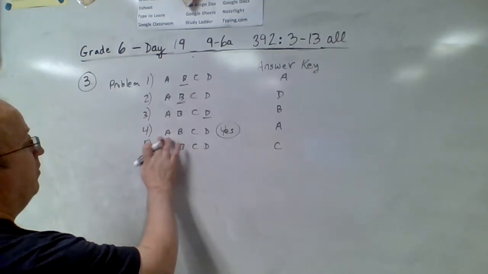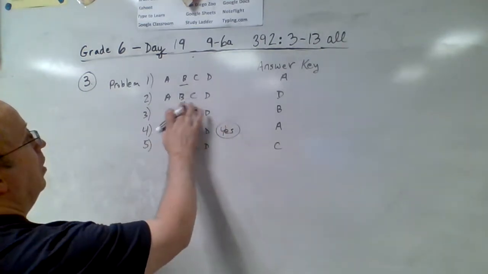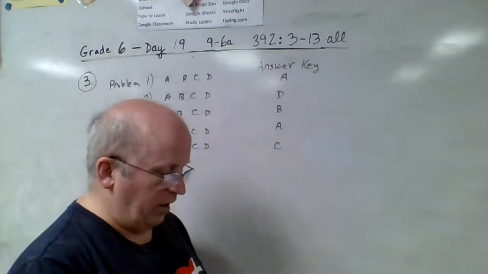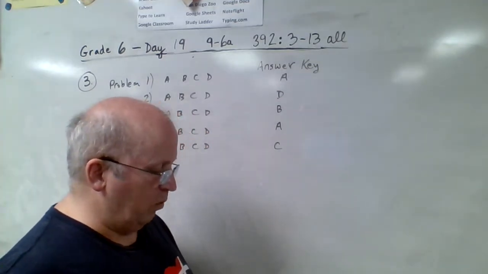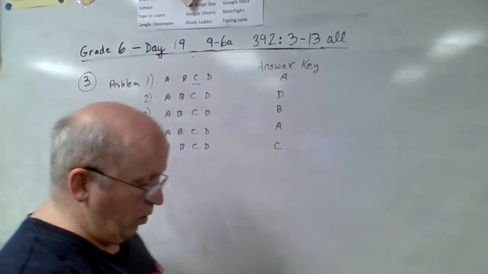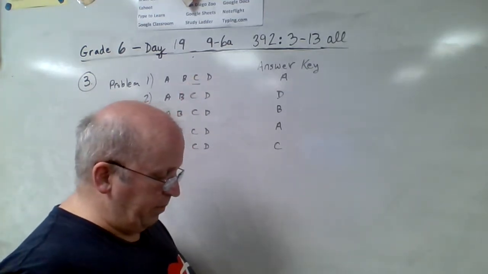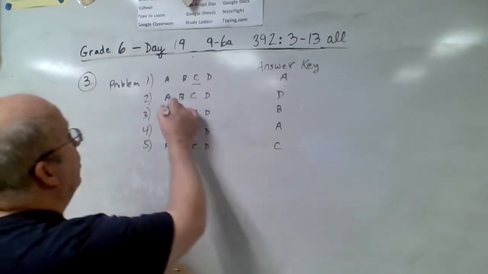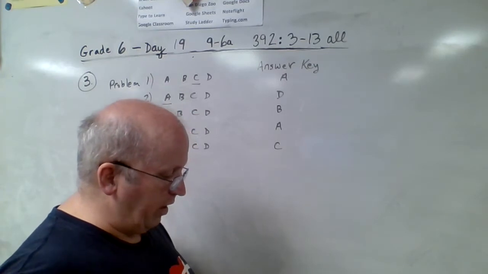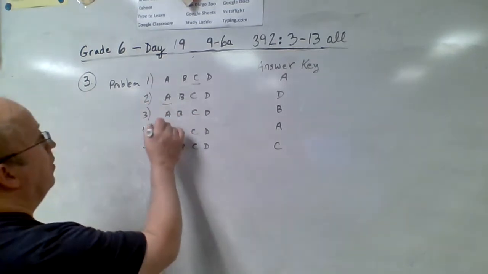Erase all those previous answers. And let's see what happens if we do it one more time. For question number 1, my spinner says C, cat. For question 2, my spinner says A, apple. For question 3, my spinner says A, apple.